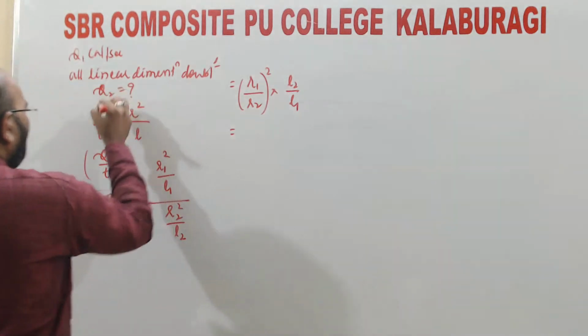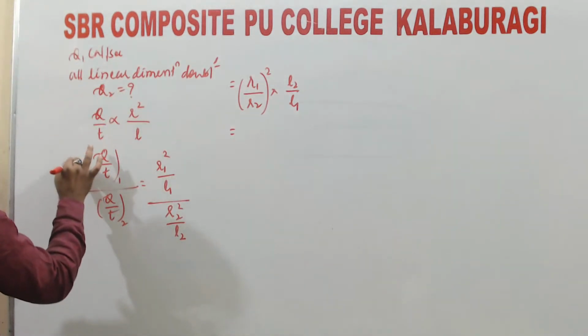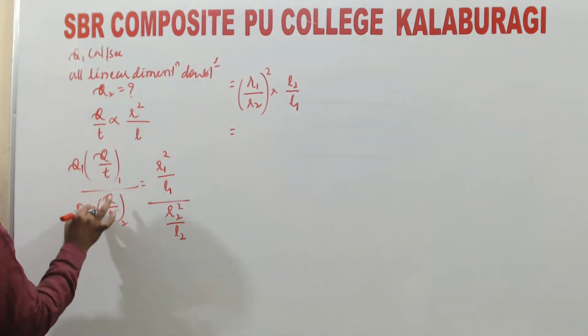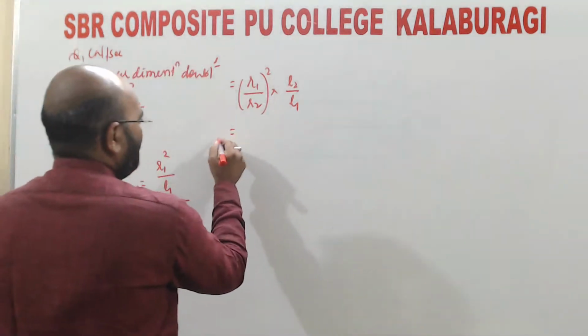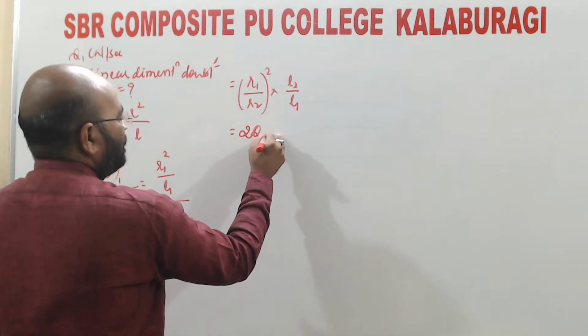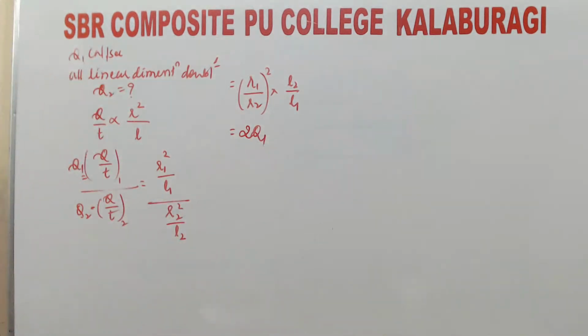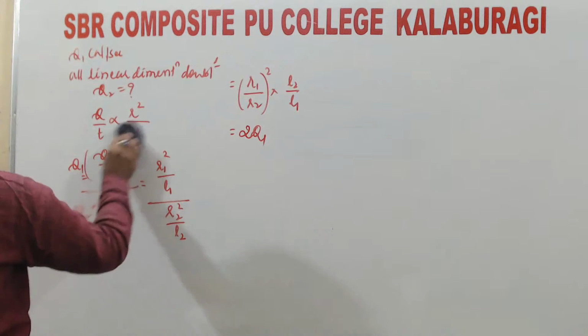This is Q1 by Q2. Apply the given conditions and you get the answer as 2 times Q1. Option number 2 is the right answer.